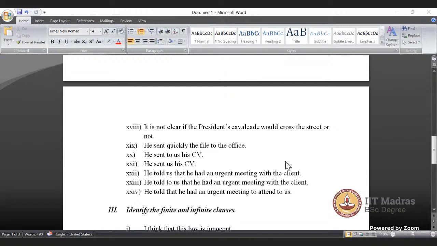It has a tendency to act like its own unit, although it is attached to the sentence grammatically. It semantically behaves like an independent unit, taking its own emphasis. In such cases, since there are many elements involved and it's not just one single thing, this particular construction, the one where you have a preposition preceding the indirect object, is allowed. Okay, so this sentence, he told us that he had an urgent meeting with the client, is grammatical. But he sent to us his CV is ungrammatical.